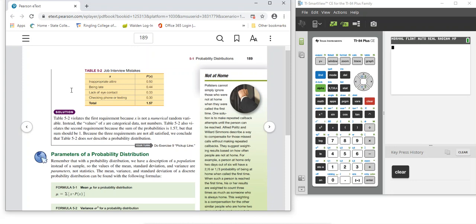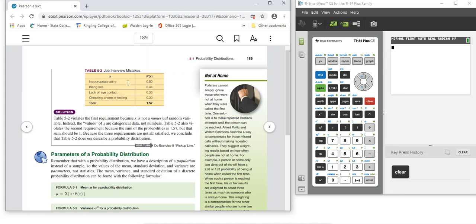Like this example: if we list the top job interview mistakes, we have 1, 2, 3, 4. The top 4, let's say: inappropriate attire, being late, lack of eye contact, checking phone or texting. And we look at that and we say, something's not right here.